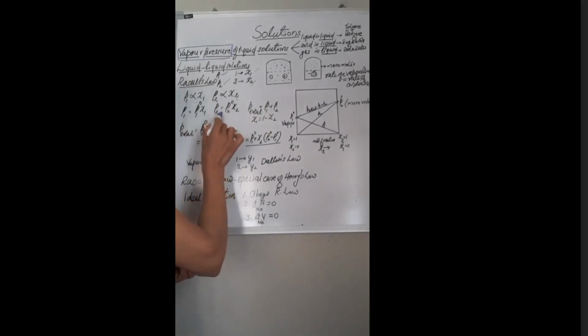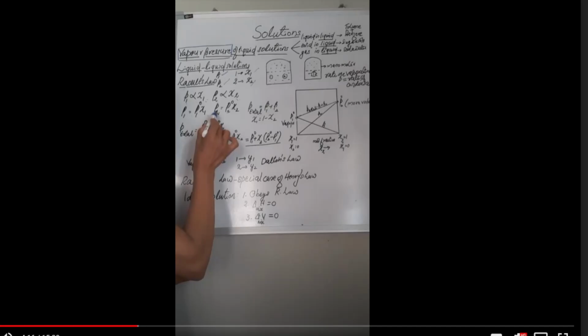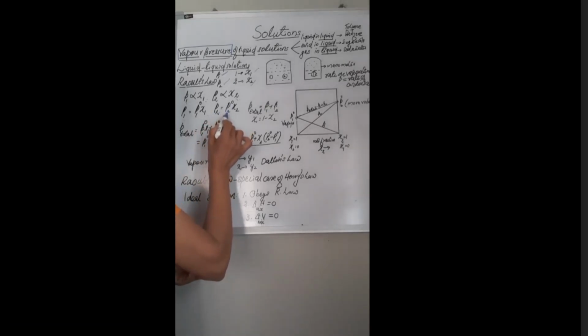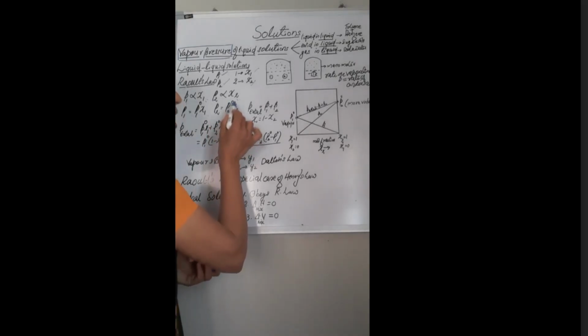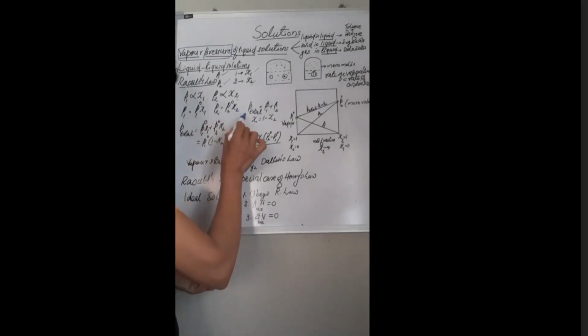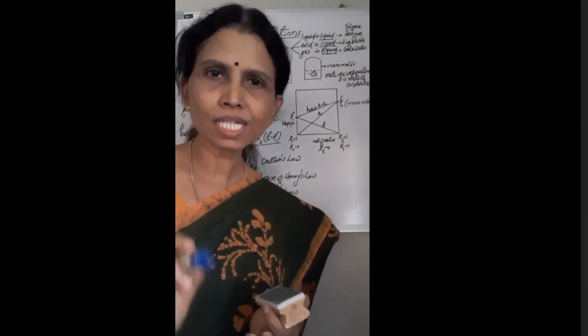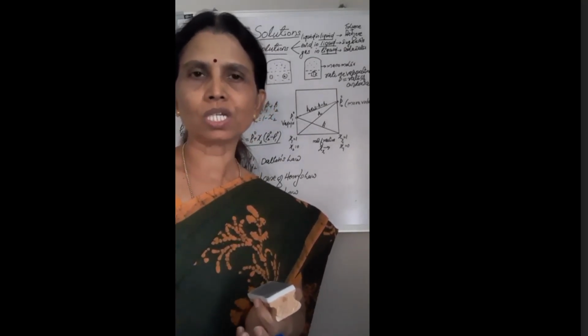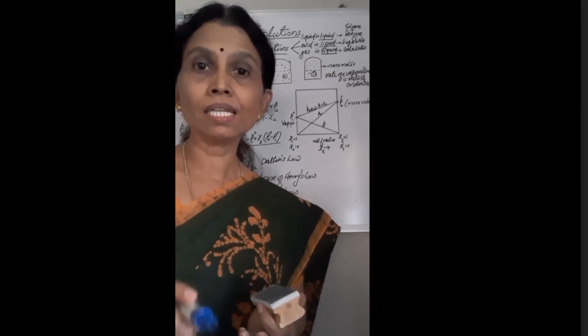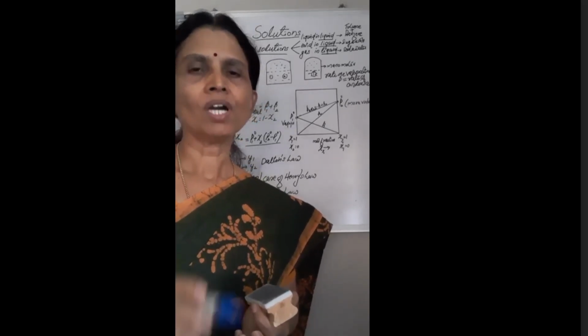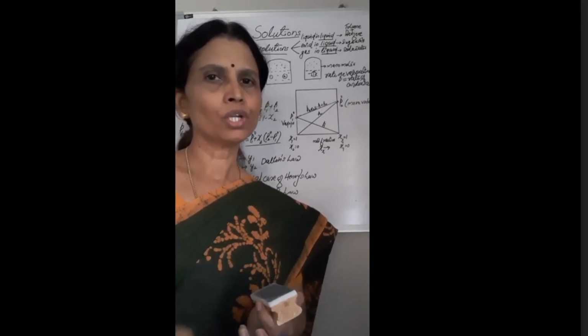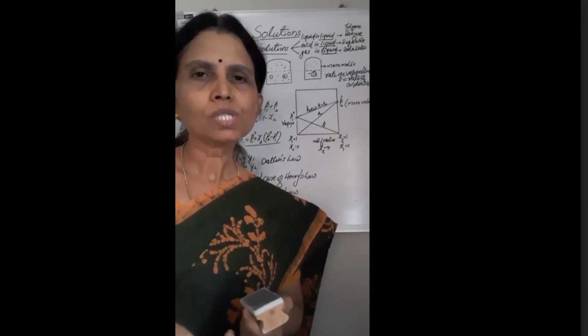So P2 equals P2 naught into x2, where P2 is the partial pressure of component 2, P2 naught is the vapor pressure of pure component 2, and x2 is the mole fraction of the component in the solution. This is Raoult's law: the partial pressure of each volatile component is directly proportional to its mole fraction in the solution, and hence P1 equals P1 naught into x1, and P2 equals P2 naught into x2.